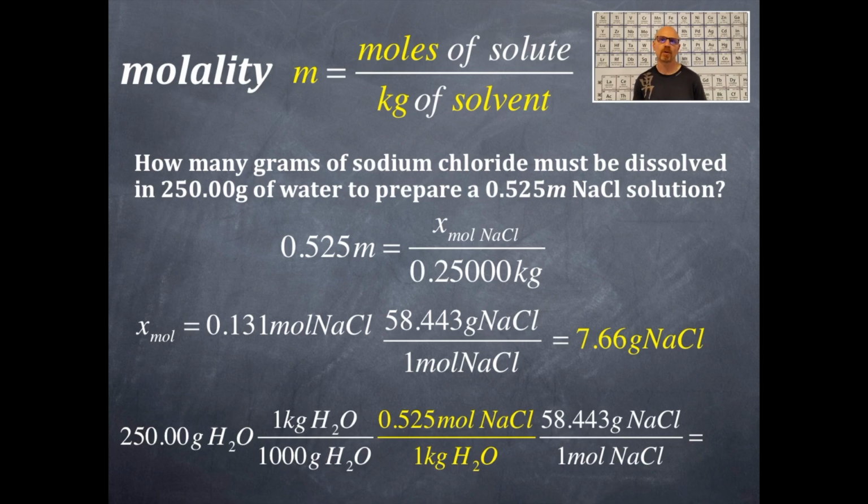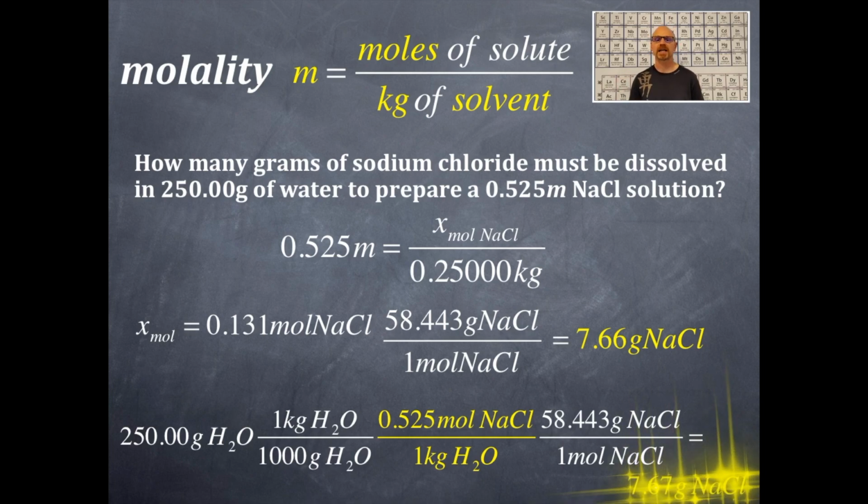And how many grams of water do I have? So I'm going to move on to the left of this equation here. I have 250 grams. In order for the 250 grams to cancel out with the kilograms in the denominator where the yellow is, I'm going to do a unit conversion there between the grams and the kilograms. And hopefully you see that that's that second part there. And I'm still trying to solve for the mass of the sodium chloride, so therefore multiplying by the molar mass of sodium chloride.